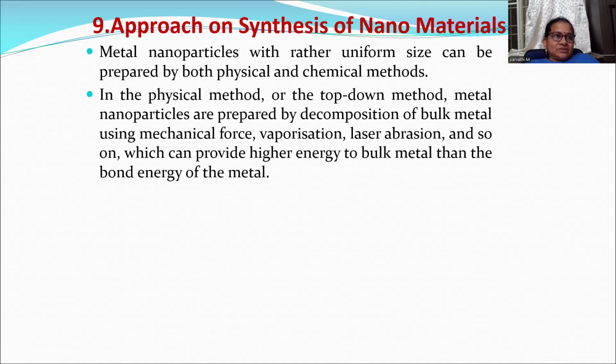These are the various methods to make bulk material into small particles, which can provide higher energy to the bulk metal than the bond energy of the metal. So you need to provide more energy to cut the bulk material into small pieces. So that is important here.